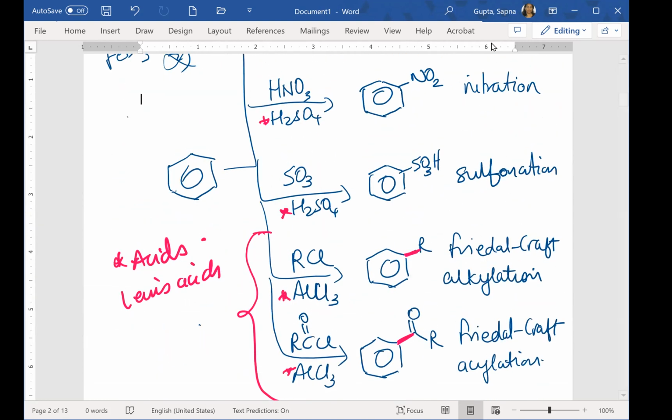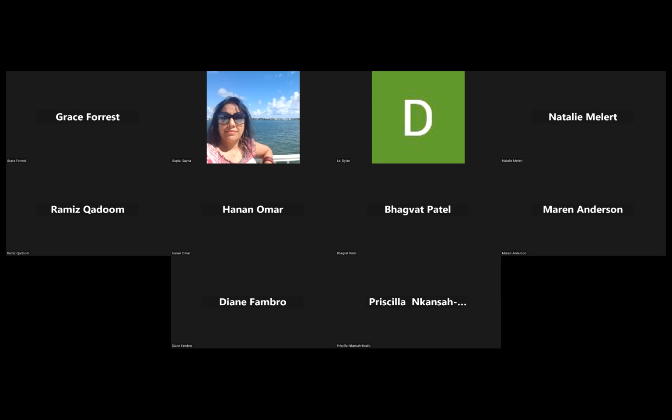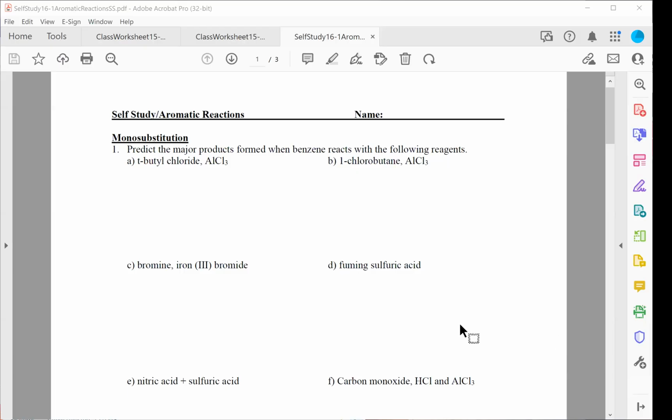Okay, so let me show you what I mean by exciting, because you have to have something to go with it. And so the self-study that I have there for you for aromatic reactions, if you open that up, I don't remember what page it is, but here, mono substitution, there's only like one page. That's it.